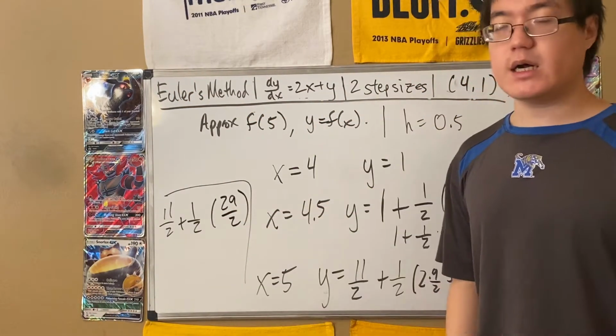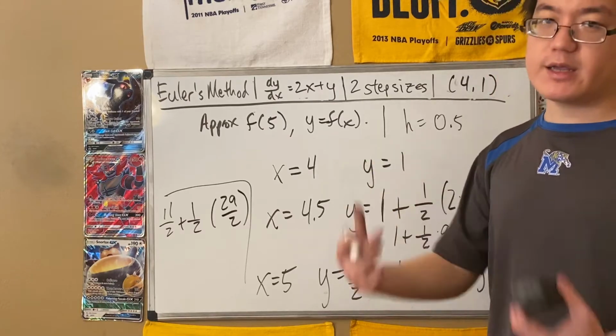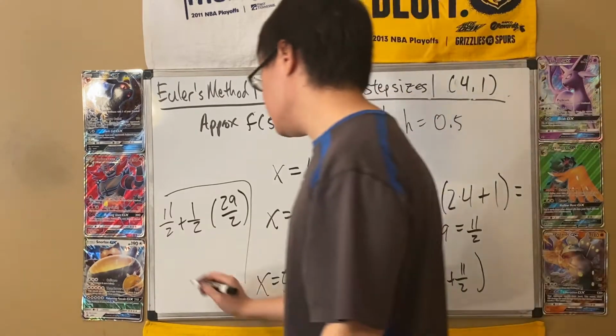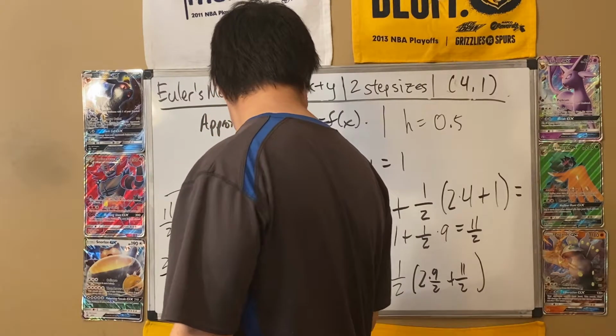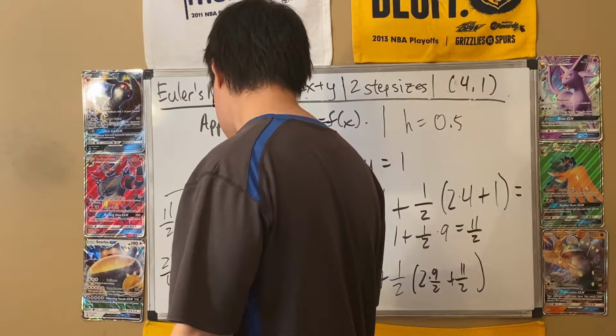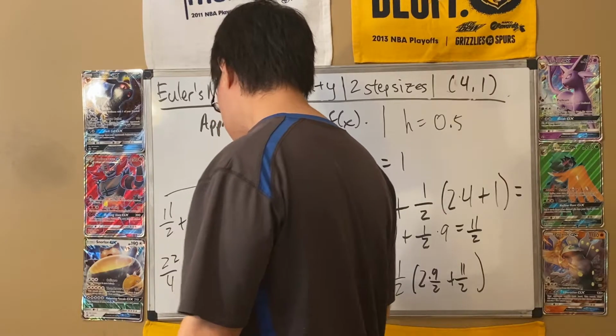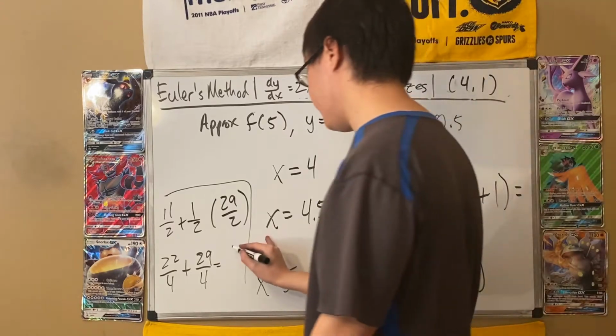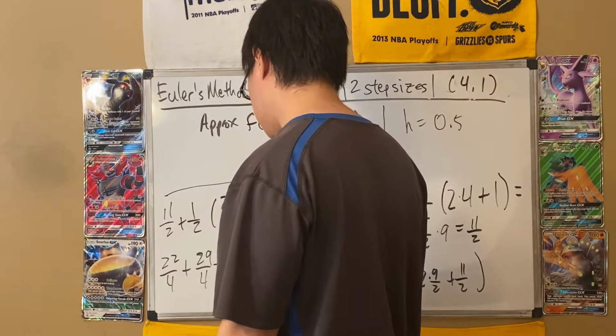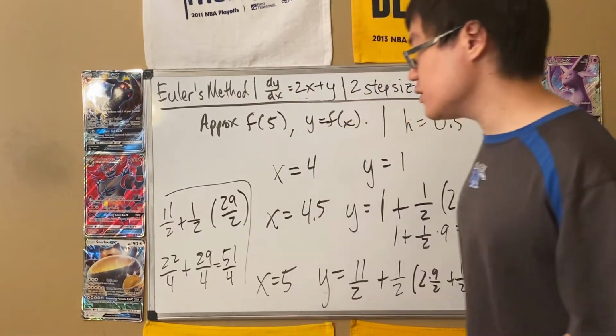So it looks like our common denominator here should be fourths. Again, fractions are kind of annoying, but this is 22 fourths plus 29/4. And then what is this? Well, it looks like we're going to have 40 plus 11, so the final answer is going to be 51/4.